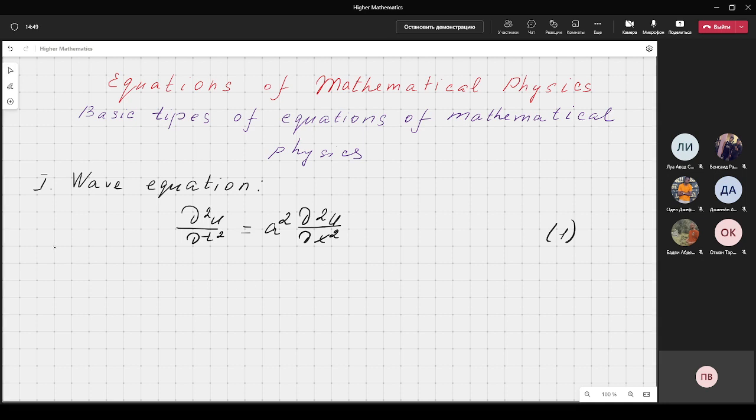The second, Fourier equation for third condition.